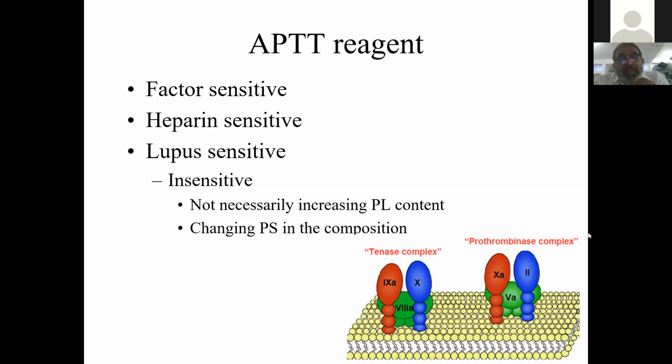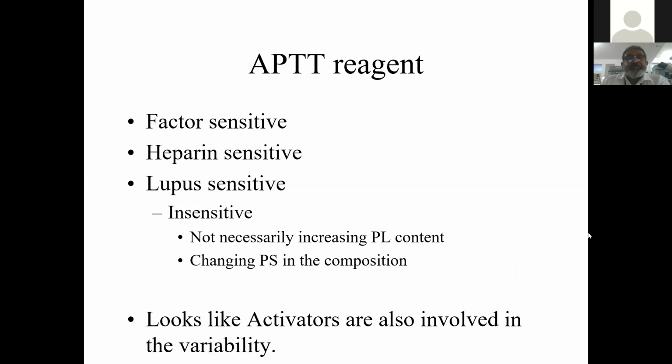So we realized that the lupus insensitive reagent is not because the phospholipid quantity has increased, but purely because it is changing the phosphatidyl serine in the composition, especially in reagents like actin-FS. So we now realize that yes, phospholipid composition is very important in making for factor sensitivity or lupus sensitivity. But now we realize that looks like activators are also involved in the variable, not only the phospholipid.